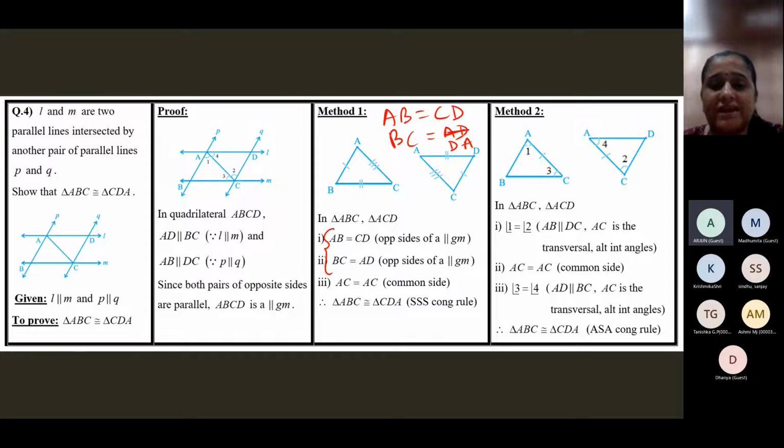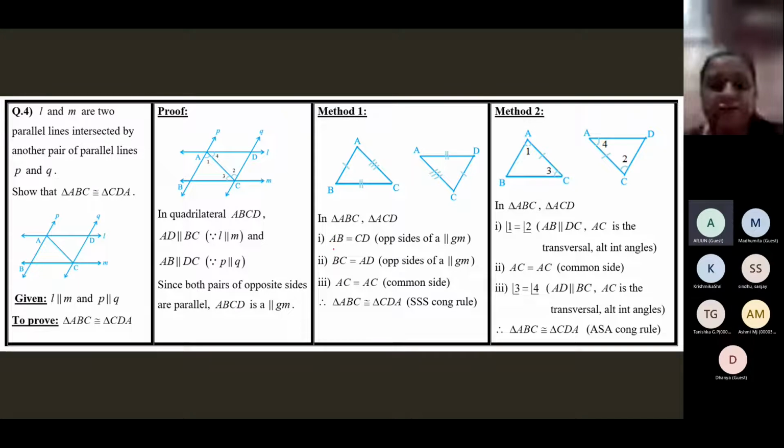Side AD is the same as the side DA. So triangle ABC is congruent to triangle CDA. But in the exam, you just write this and write SSS rule. That's all.